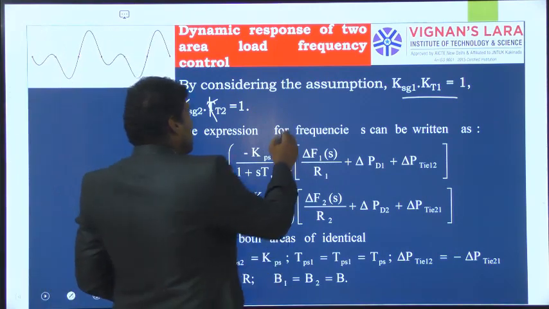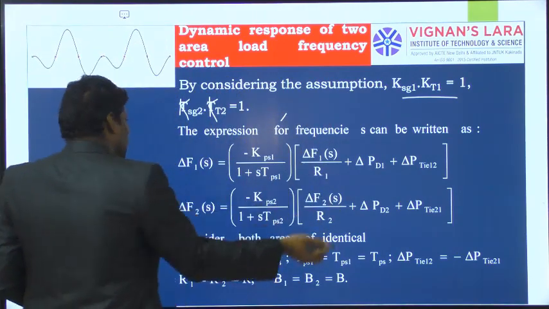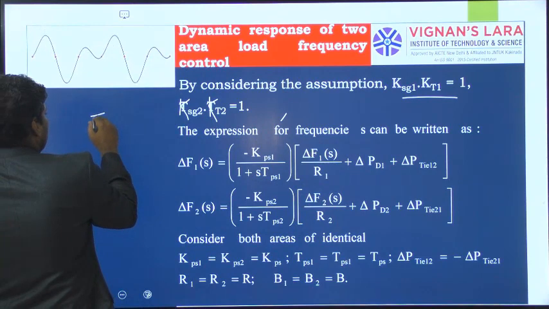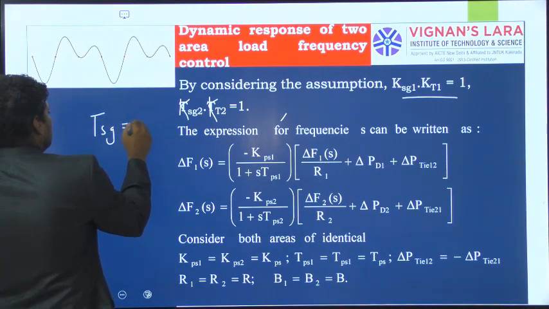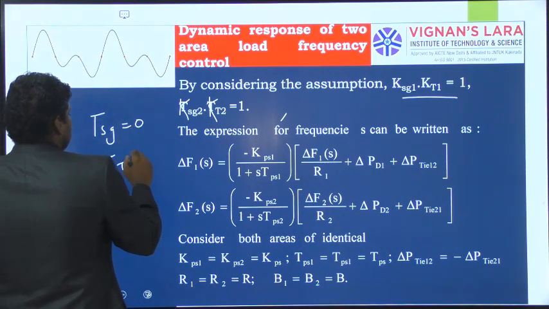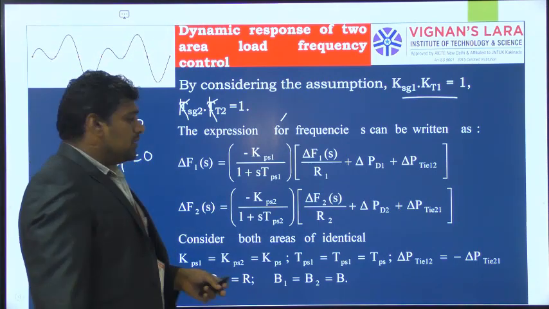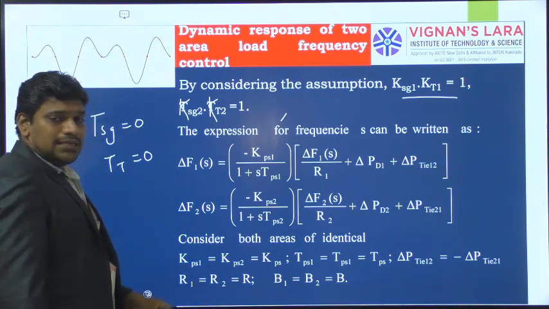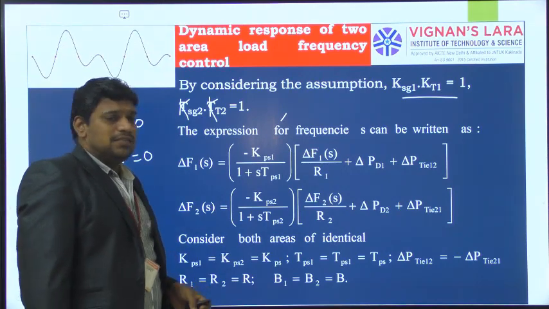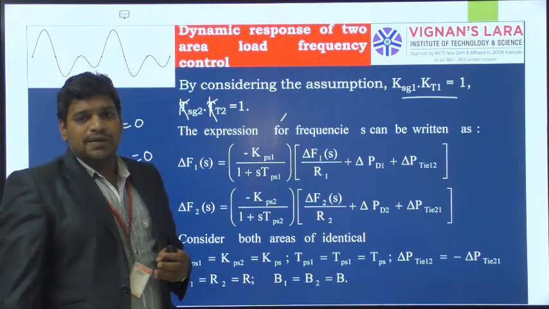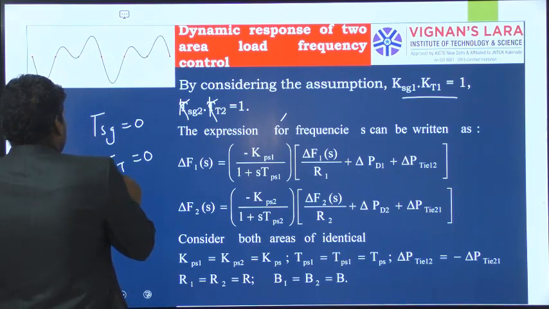At the same time, we are considering one more assumption, which I have mentioned earlier also: Tsg is equal to 0 and Tt is equal to 0. That is, the time constant of the speed governor and the time constant of the turbine are considered to be 0. Why? Because these are very much negligible when compared with the time constant of the power system.